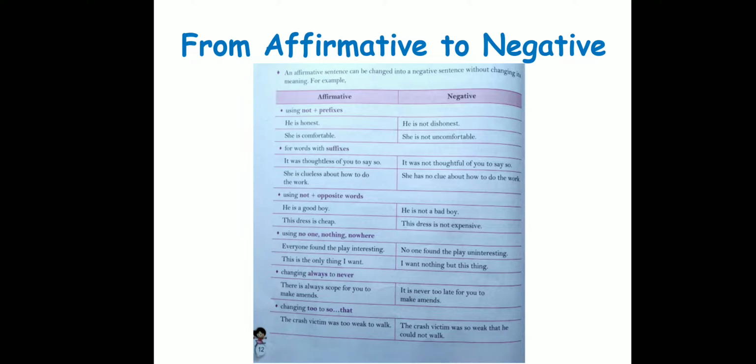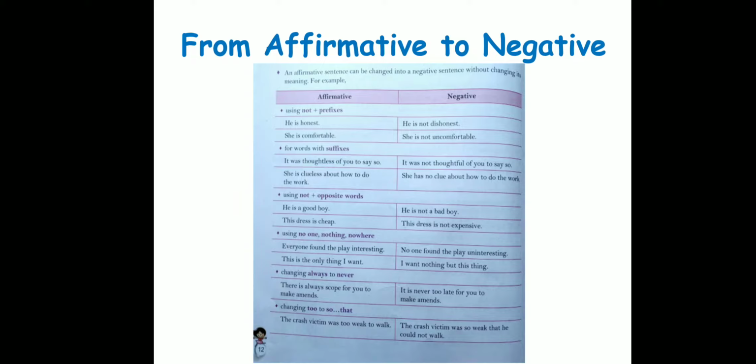Means I don't want anything else, but I want this one thing. So that is why nothing makes the sentence negative, and because I'm saying but this thing, it also keeps the meaning same. I want nothing but this thing. That means I want nothing else. I only want this one thing. Clear? If you cannot understand, replay, go back, pause and listen again. That will help.